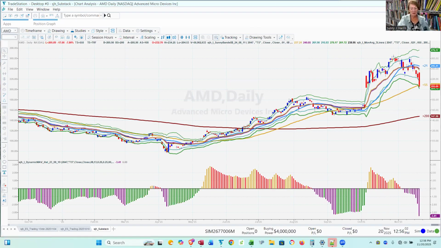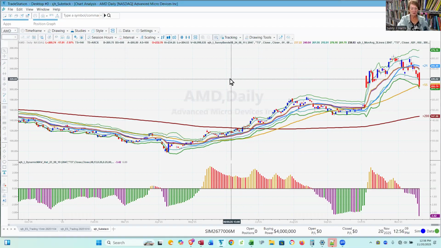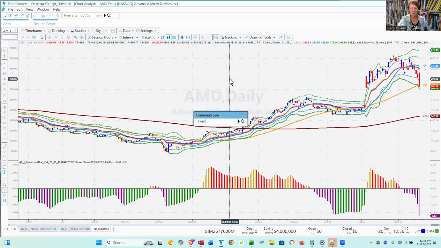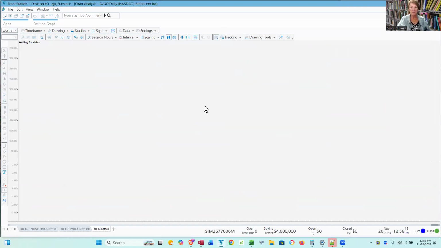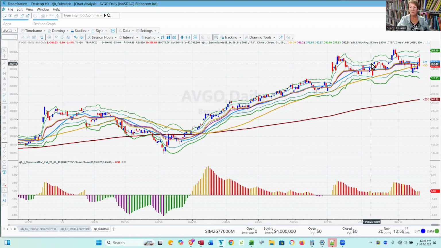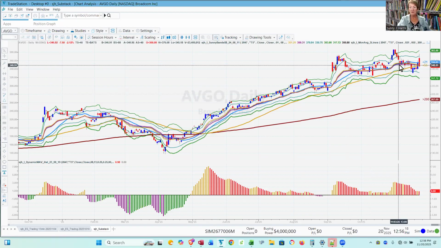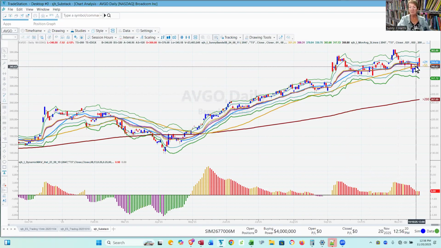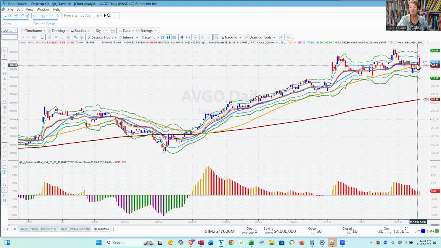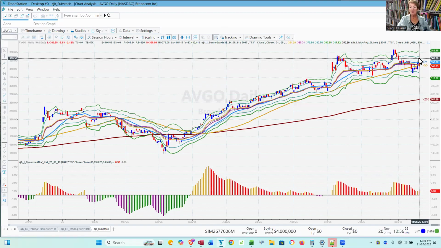How about AVGO? And there's the attractor because you've got this flat, flat, flat, flat, flat all the way across. And then it went up in response to today's Dow and then back down in response to today's Dow.